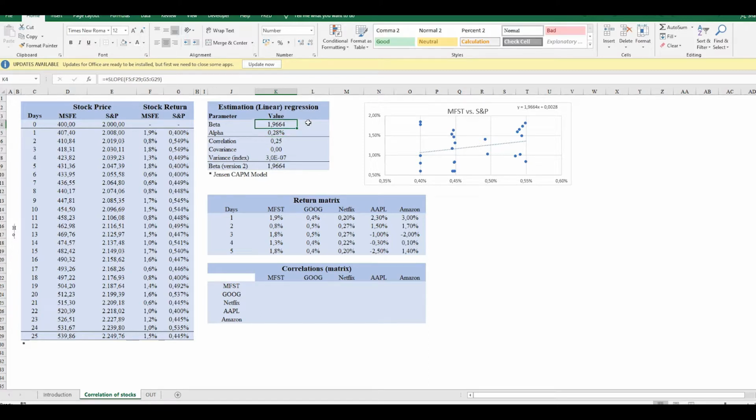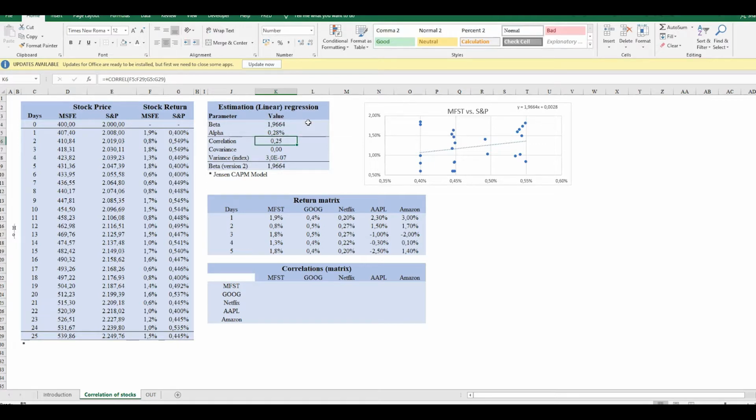So here beta tells us that every time the S&P moves 1% on a daily basis, one way or another, it could be on a yearly basis as well, the Microsoft stock moves with a factor of 2 almost in a positive way.